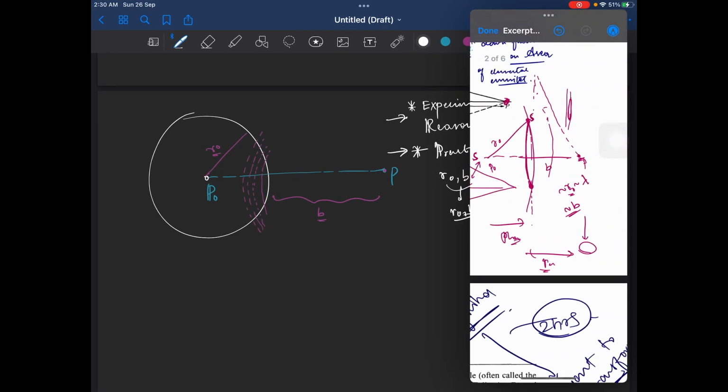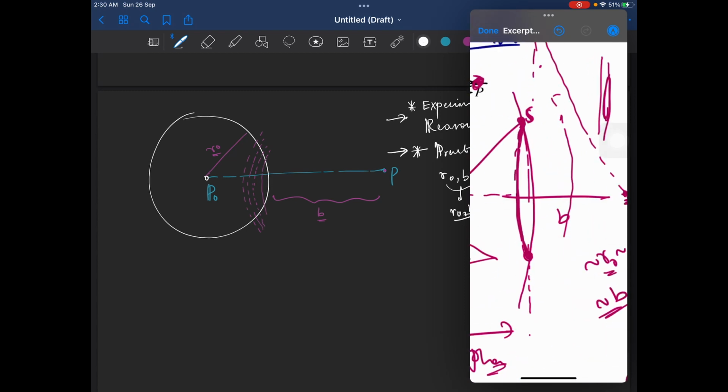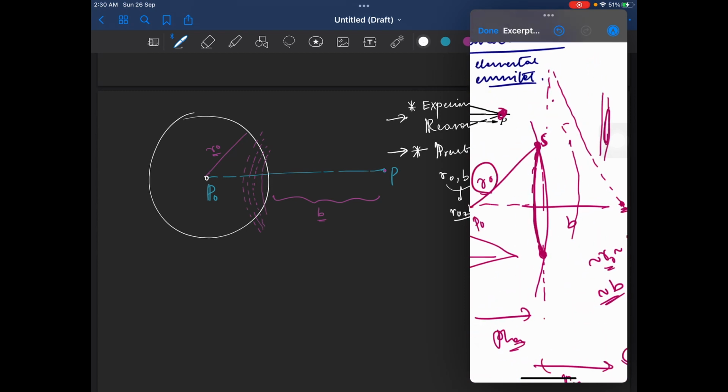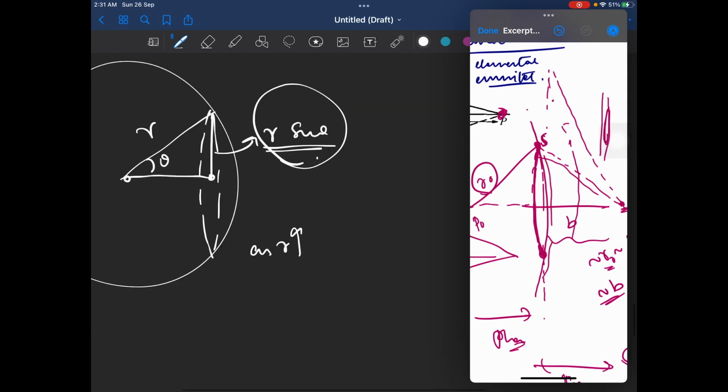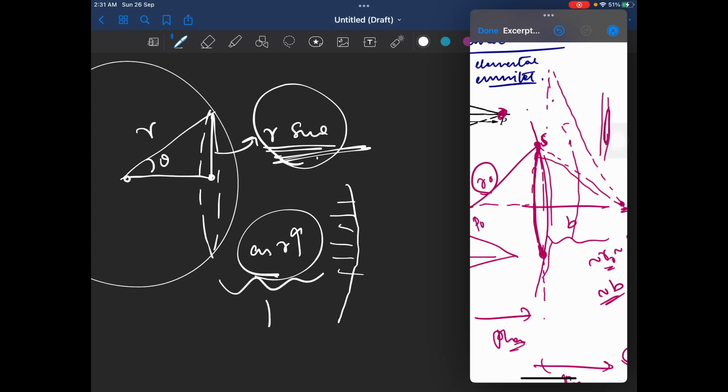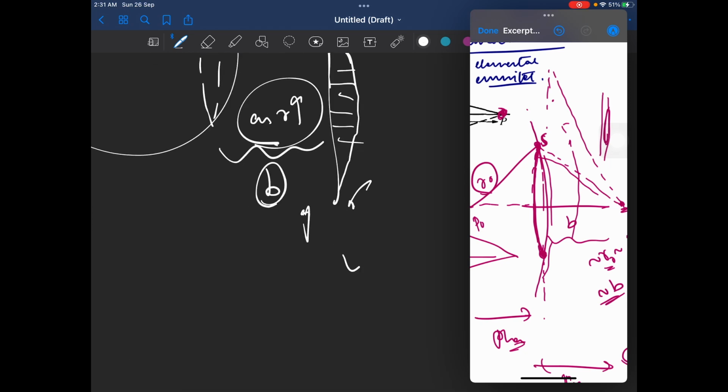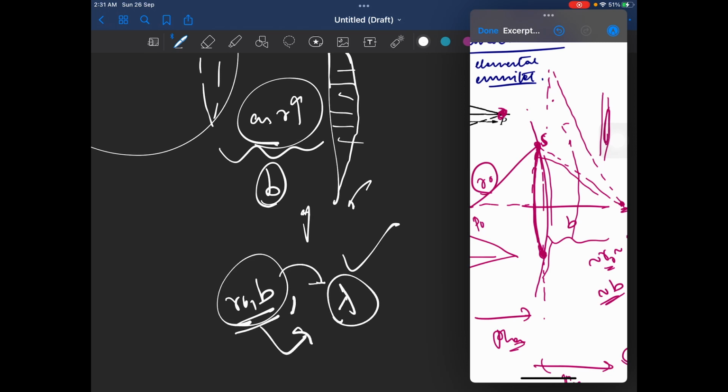In plane waves, for reasonably bigger R naughts, if B is longer, the change in S can be neglected, and also the radius is so high that as R increases, R sin theta almost remains the same with respect to the distance B. This is minimized and this is increased, so that's the setup for R0 and B. This holds for values reasonably greater than lambda.